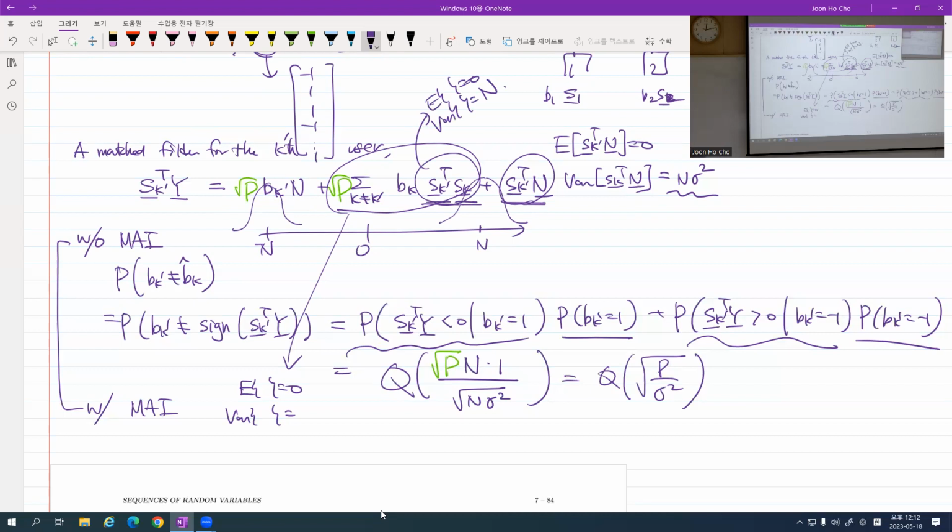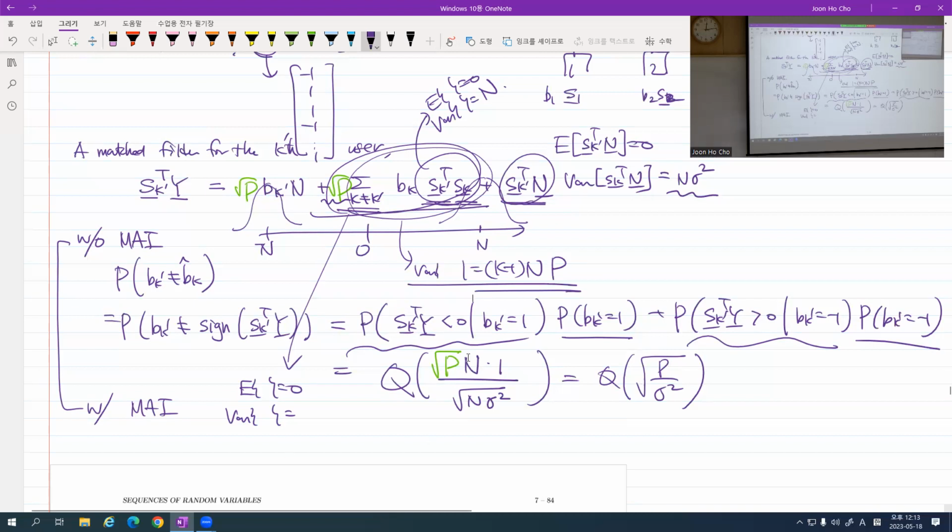Now, you have how many of them? Capital K minus 1. So your variance becomes this one. And now you have P. So your variance of the entire term becomes that one. And this will become the variance of your approximated Gaussian interference.